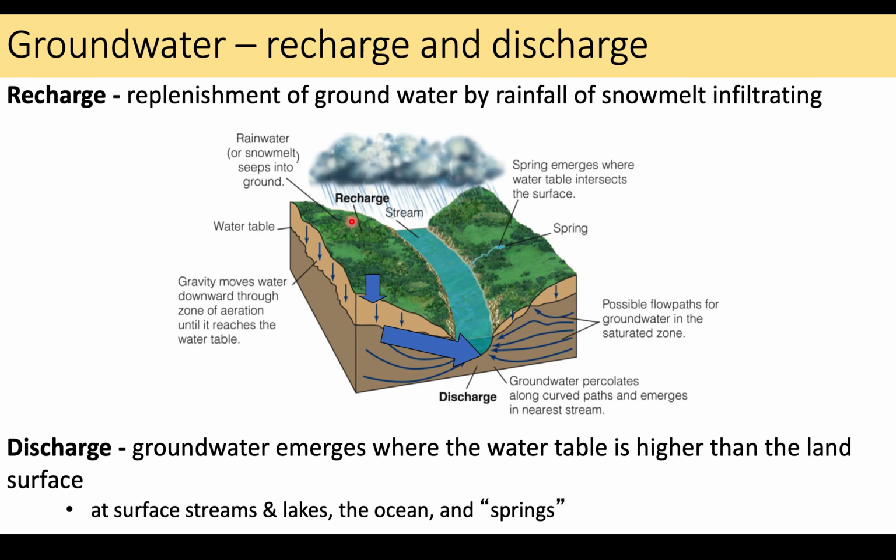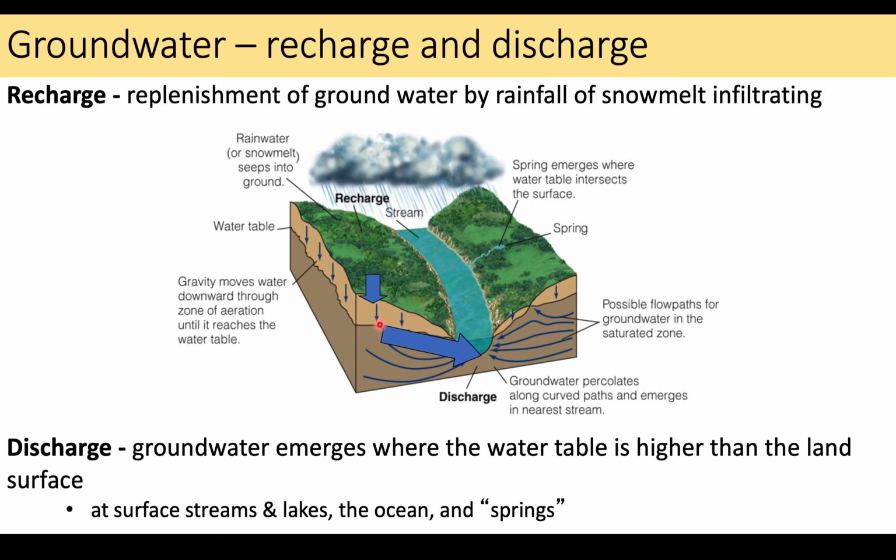So here you'll see there's recharge where we have rain falling. So that water is going to infiltrate downward into our groundwater. So down through the water table, that is recharge. And then we have discharge, which is where the water from this water table is actually moving towards the lower elevation location and filling in this stream.